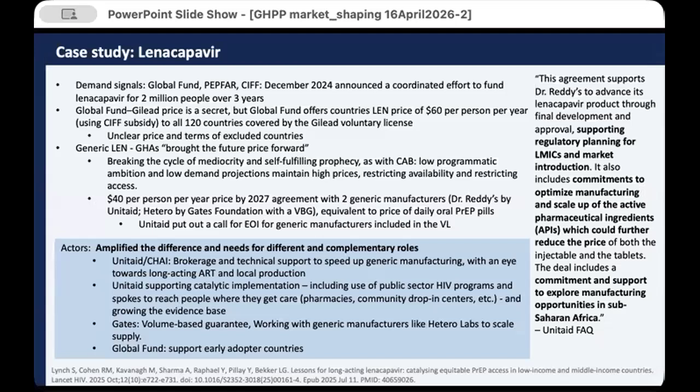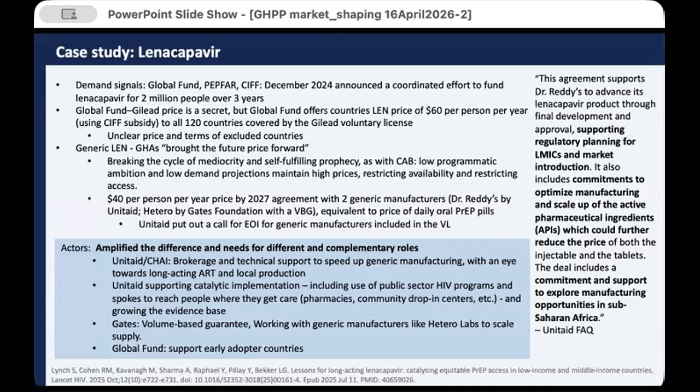What Unitaid did was essentially bring the future price forward, and thankfully not UNICEF, sorry, Unitaid and Gates, by locking in a $40 price from two manufacturers. So it was a volume-based guarantee from the Gates Foundation to Hetero, and it was negotiation and some financial incentives for Dr. Reddy's lab.